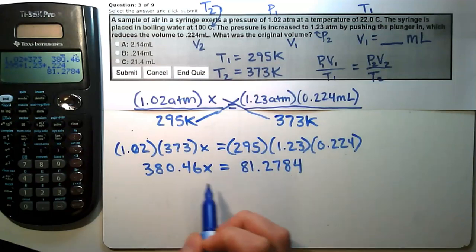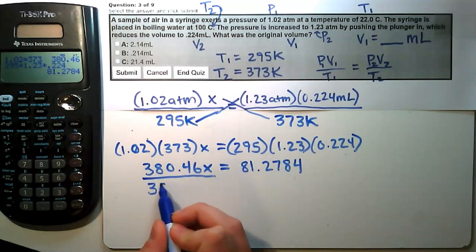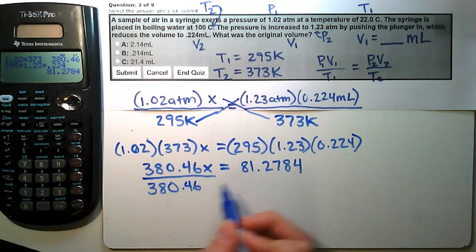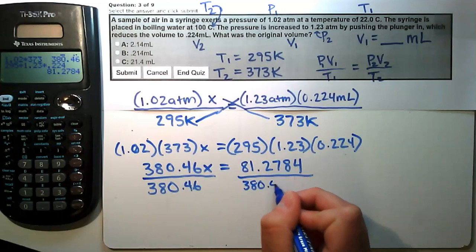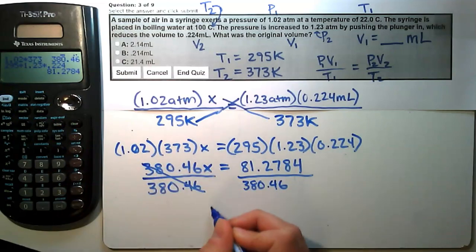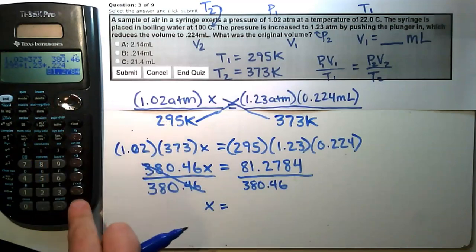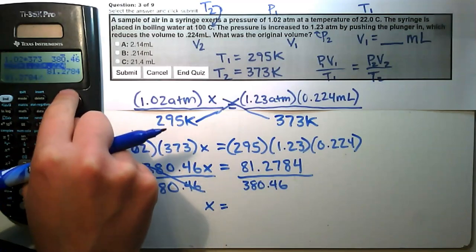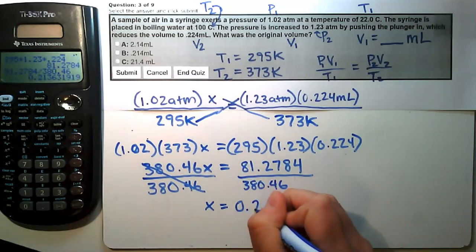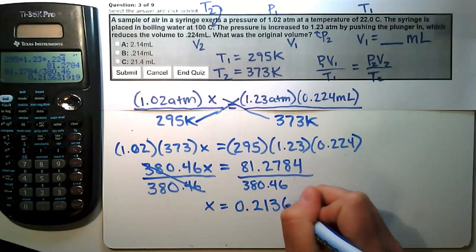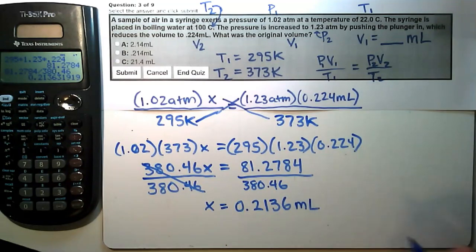81.2784. Now to isolate X, I just need to divide by 380.46, and I do that same thing on both sides. These cancel, and we're left with X equals 81.2784 divided by 380.46, which is 0.2136, and our units on our answer are going to be milliliters.